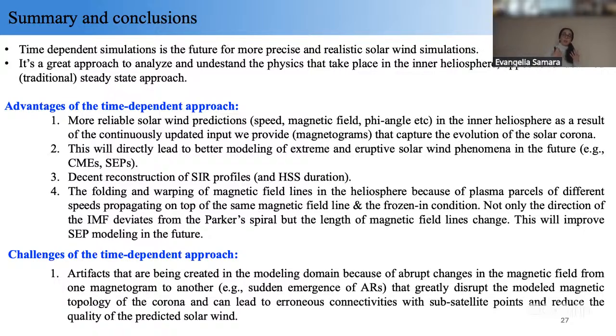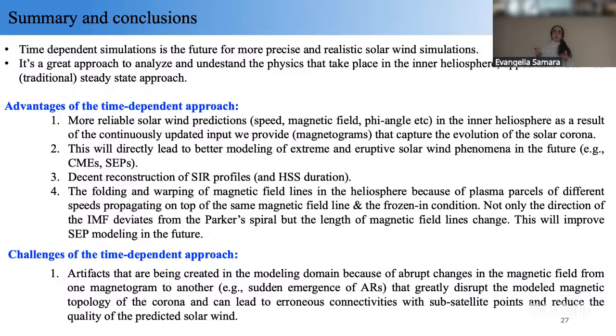The advantages that I discussed in the talk today have to do, in general, with more reliable solar wind predictions of almost all the quantities of speed, density, magnetic field, pi angle, exactly because of this continuous update of information that we get from the sun and from the solar corona.